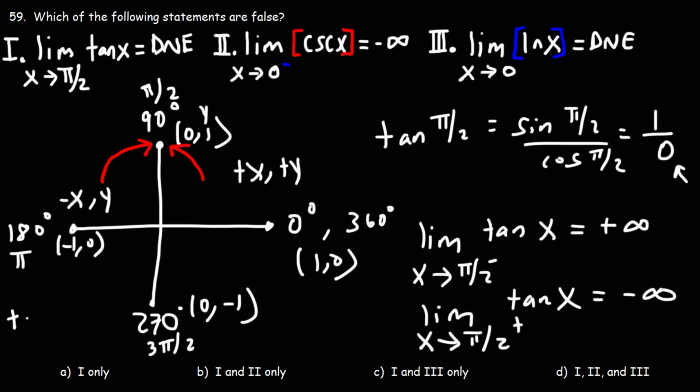And you could confirm that if you were to type in tangent 90.1 degrees, a number close to 90 but slightly above, you would get, instead of positive 572.957, you'll get negative 572.957, which means that it goes to negative infinity.